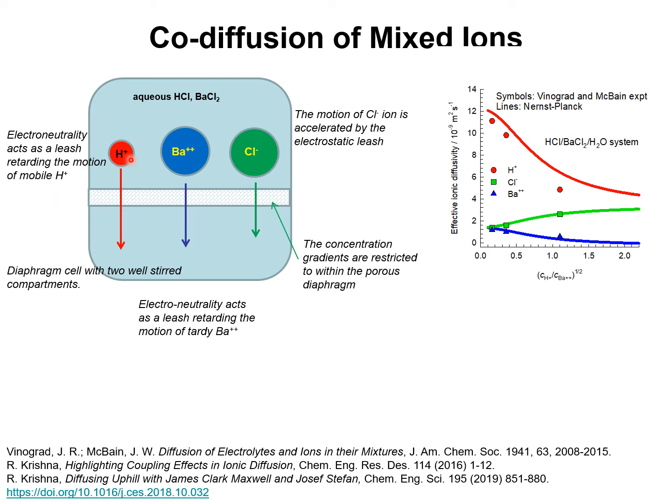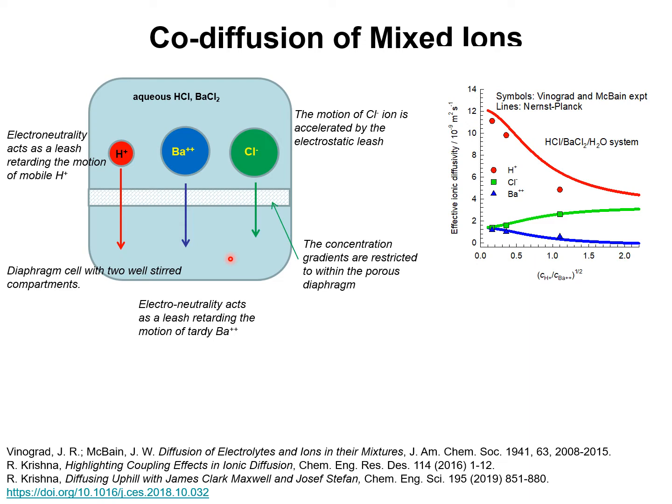Now, hydrogen is the most mobile of the three ionic species, and due to its high mobility, it enters the bottom compartment at a very fast rate, creating a charge imbalance. There is an excess of positive charge here that has the effect of accelerating the motion of the chloride ion in order to maintain electroneutrality in the bottom compartment.